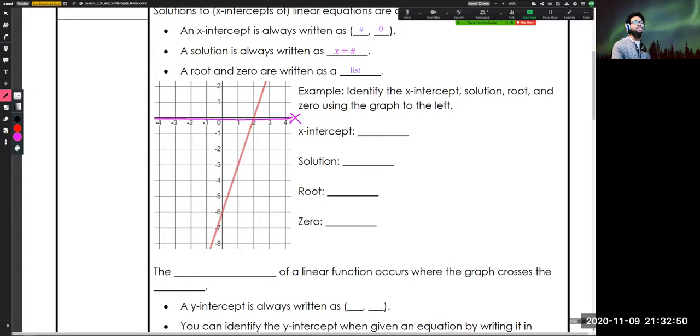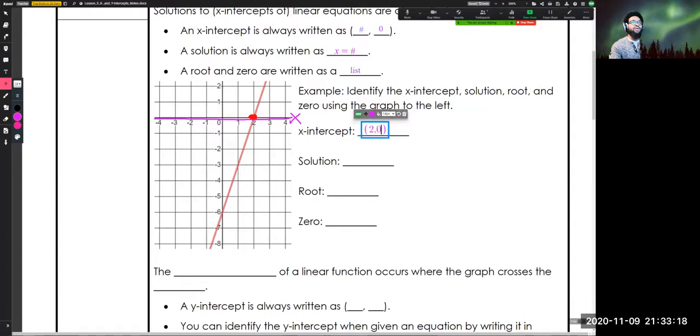So my x-intercept is the point at which this graph crosses the x-axis. Let's look for that. Here we go. At x equals 2 is where I have a solution, and that intercept will be 2 comma 0, because that's how we write our intercepts.